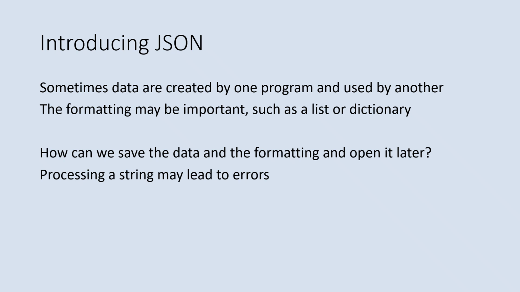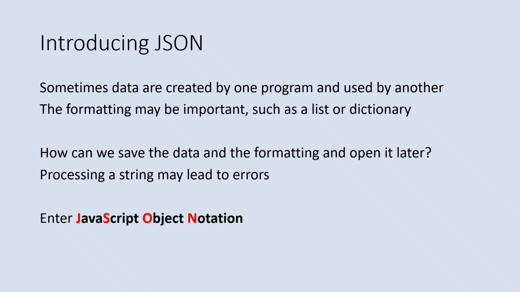So we need to be able to properly open something and make sure that it has the same meaning as before. And so this is where we get the use of something called JavaScript Object Notation.